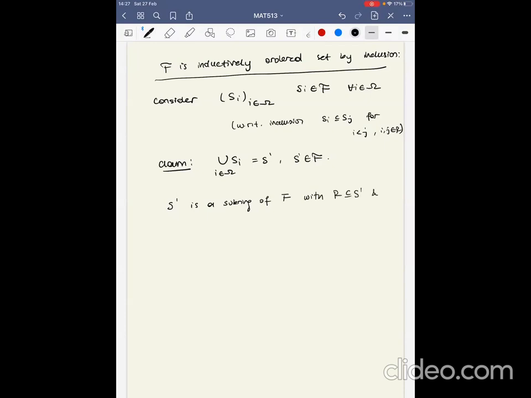And it should contain R, and the ideal IS prime is a proper ideal of S prime. To see that S prime is a subring of F, we consider two elements in S prime, and we want to see that their sum and the product are also in S prime.